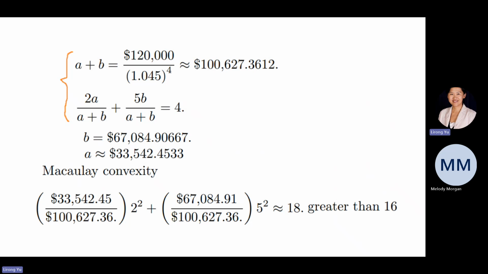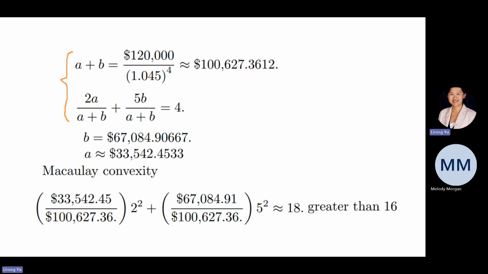So from the system of equations we solve for A and B, and you can also calculate the Macaulay convexity of the asset, which is the weighted average of t squared. So 2 and 5 are the times, so you would square the 2, square the 5, and then multiply by the weight of each asset, A over A plus B and B over A plus B, and the total Macaulay convexity is 18.